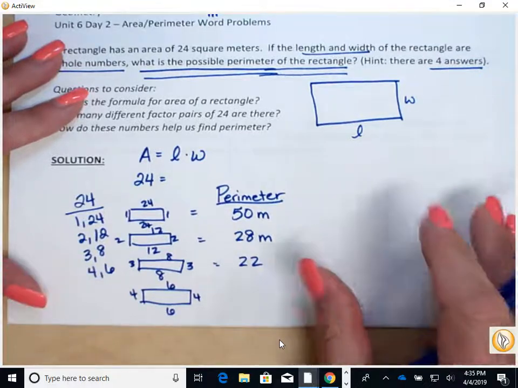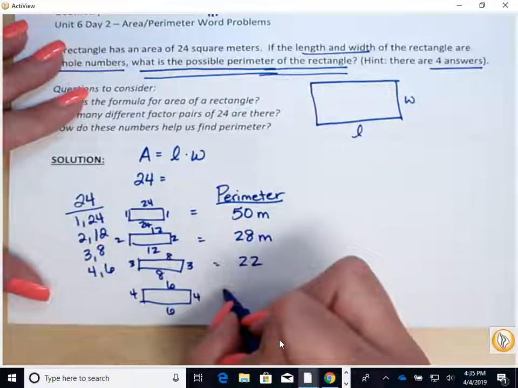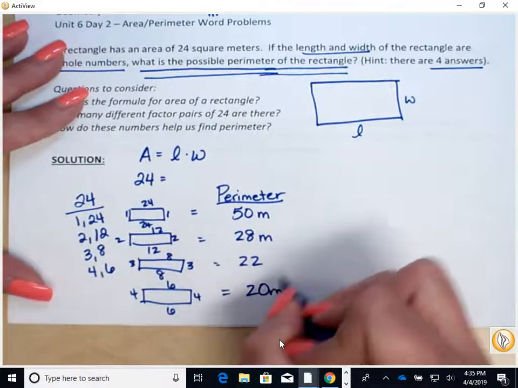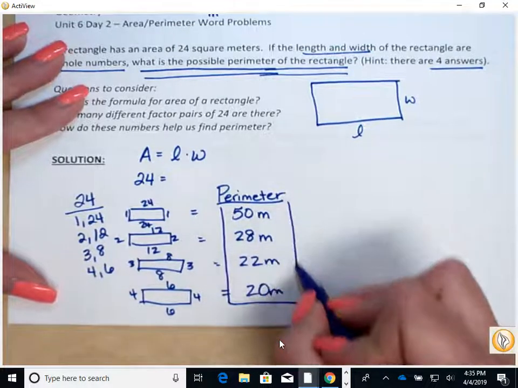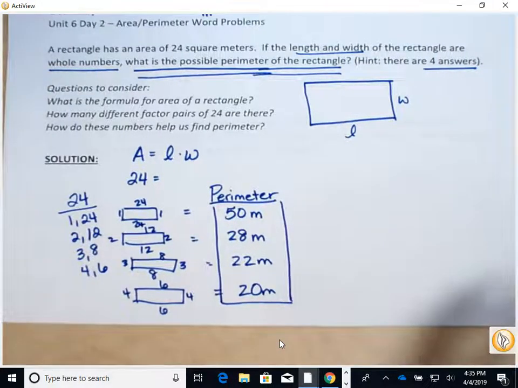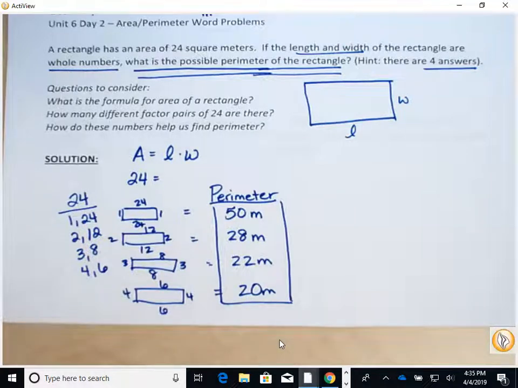I'm just letting you see how it's happening here. 4 plus 6 gives me 10. 10 plus 10 gives me 20. So here are all my possible perimeters if the lengths and widths of this rectangle are whole numbers and their area is 24.